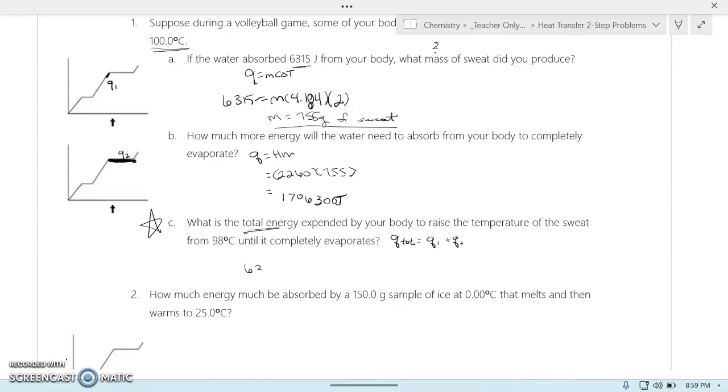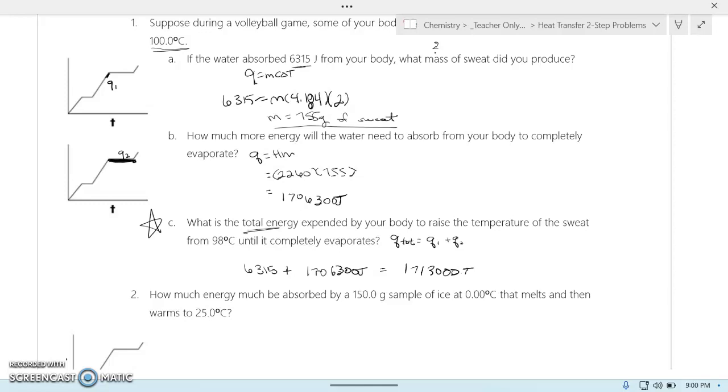To raise the temperature those 2 degrees was 6,315. And then we want to add the additional energy to evaporate it, which is a lot. So our total energy comes to, this is a rounded value, joules.